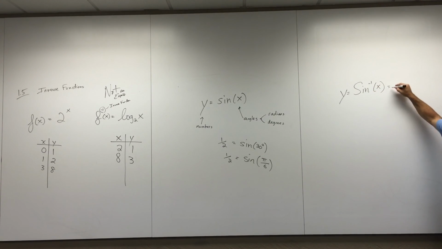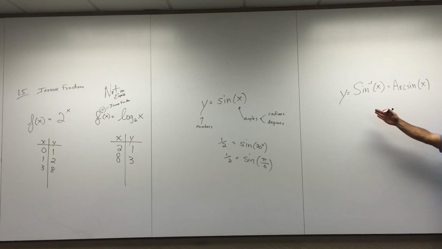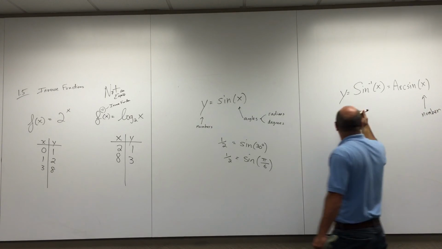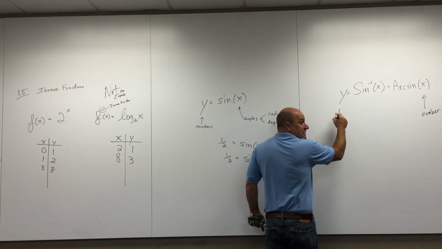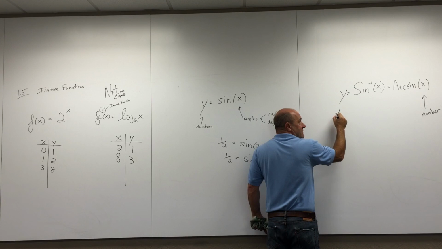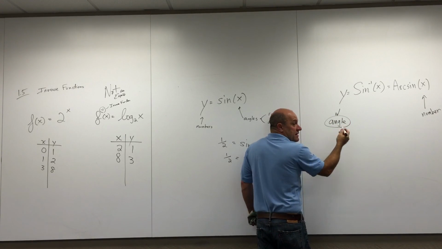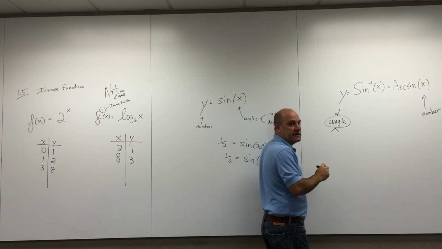It's called arcsine of x. It's the same thing. But this is the inverse function, and so now the input is a number, and the output is the angle. Yeah, and that angle could be in degrees or radians.